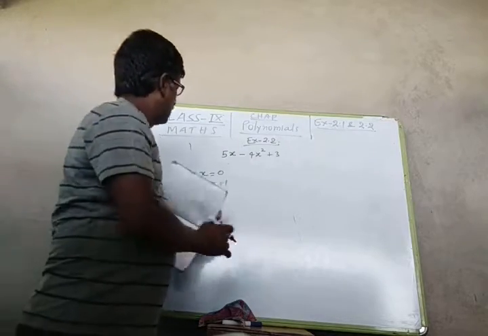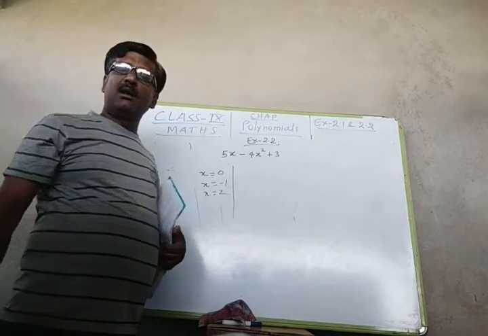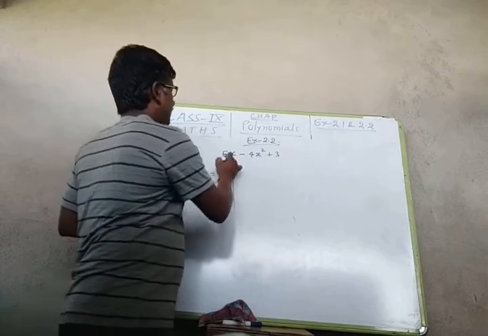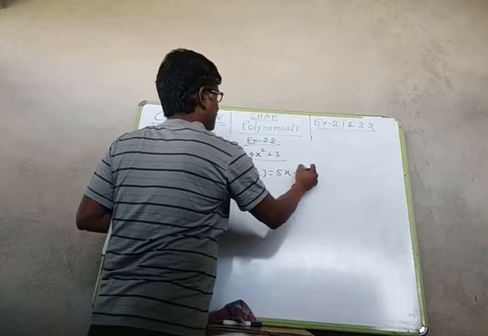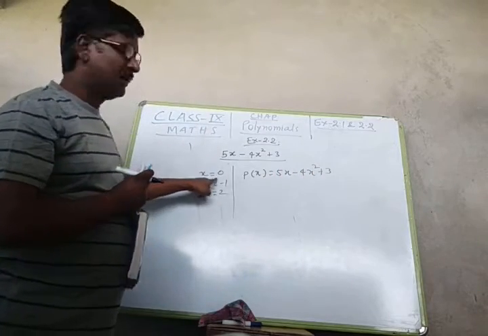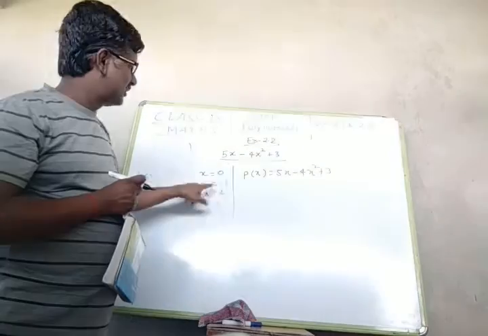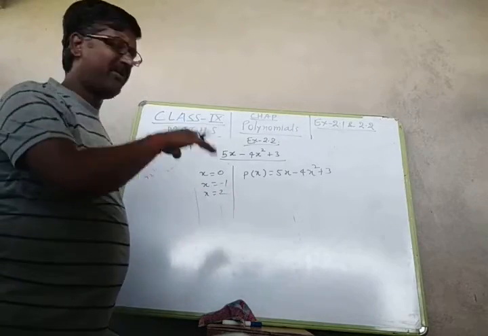It means here we have to put these values in this polynomial, and after solving, that will be its value. Just consider this polynomial P(x) is equal to 5x minus 4x square plus 3, and your question is to find the value of this polynomial at x is equal to 0, x is equal to minus 1, x is equal to 2. So one by one, we will put in these values.